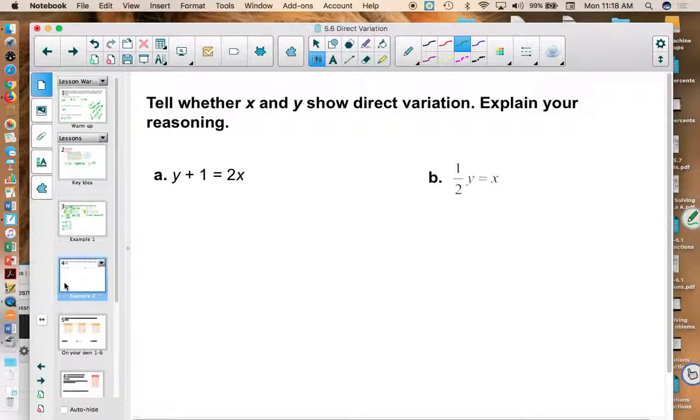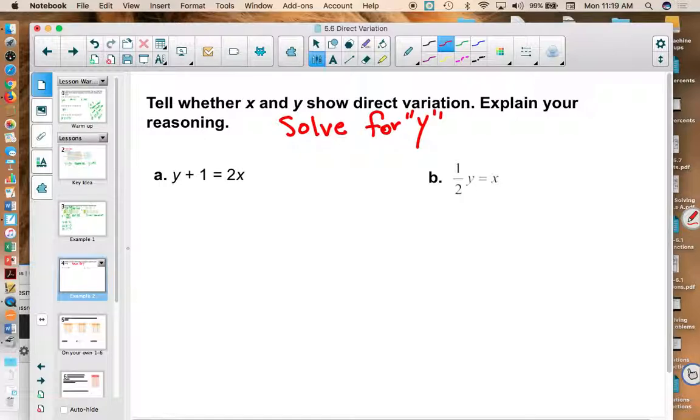Here's the way you're going to know, though. In order to know, solve the equation for y. In other words, y's got to be by itself if I solve for it. Do you agree? How do I get y in A by itself?